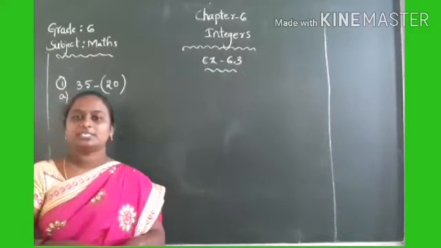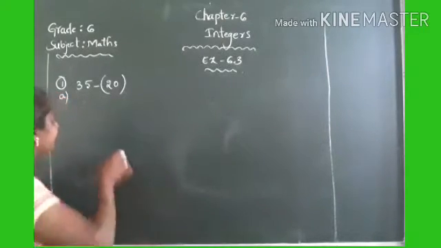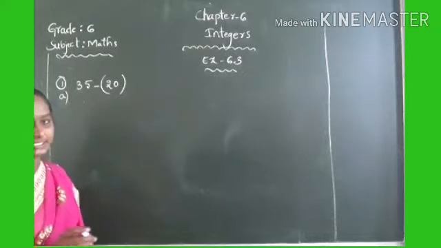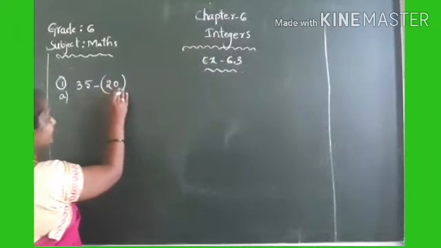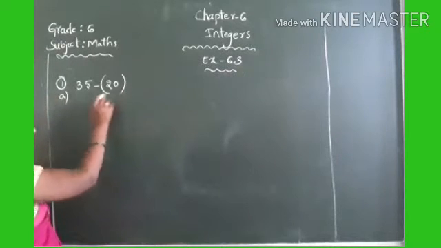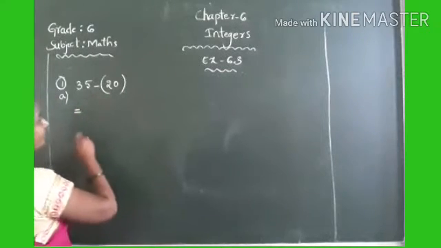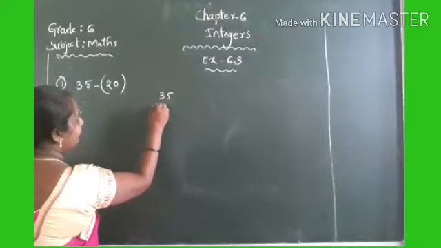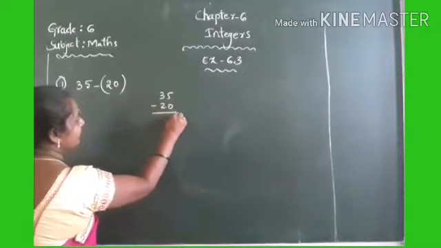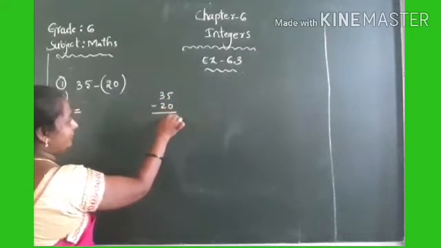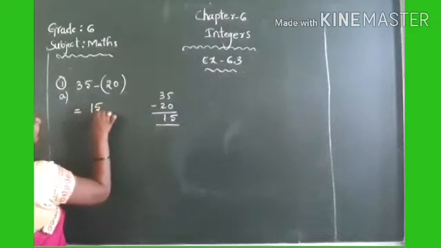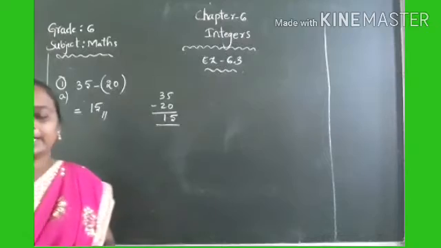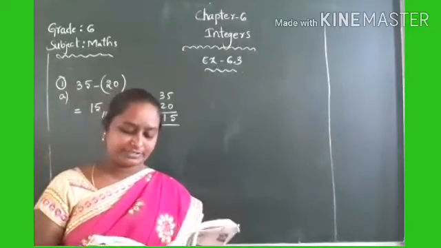Yes, you have to subtract two integers. 35 minus 20: 5 minus 0, 5; 3 minus 2, 1. So how much? 15. 35 minus 20 is 15.